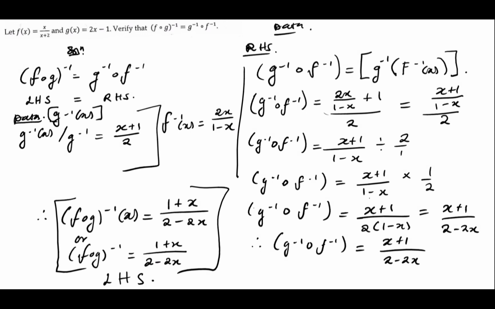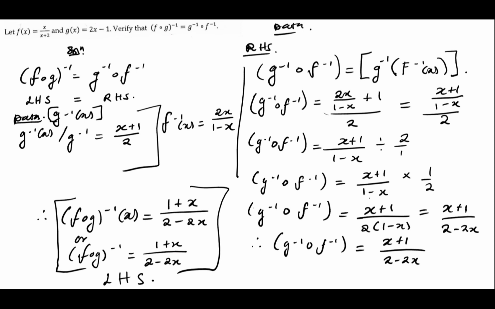Now remember, we're trying to verify that the left-hand side is equivalent to the right-hand side. So the left-hand side gave us this, and the right-hand side gives us that. Now, are these the same things? Yes, they are. Because I know others might be thinking that because we're having 1 plus x, and here we're having x plus 1, it's different.